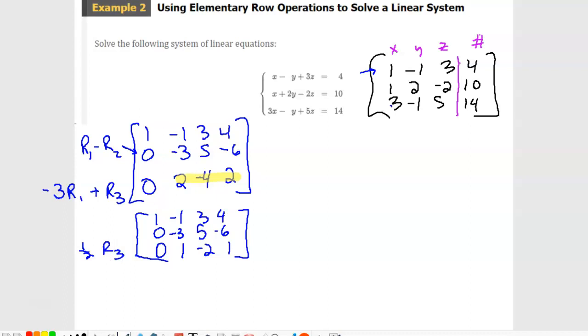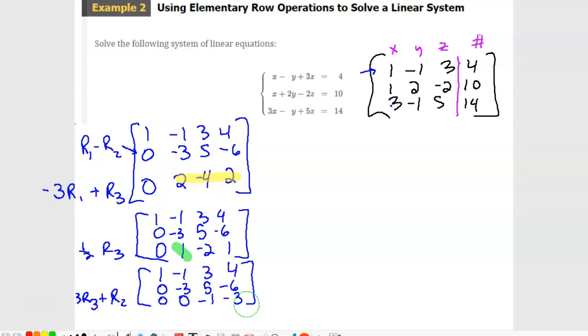Now, keep in mind, what I'm trying to do is get it in triangle format. It would be very nice if I got rid of that, so that I could literally see z equals blank. That's what I'm going to concentrate on. So I'm going to multiply row 3 by 3, and then add it to row 2.